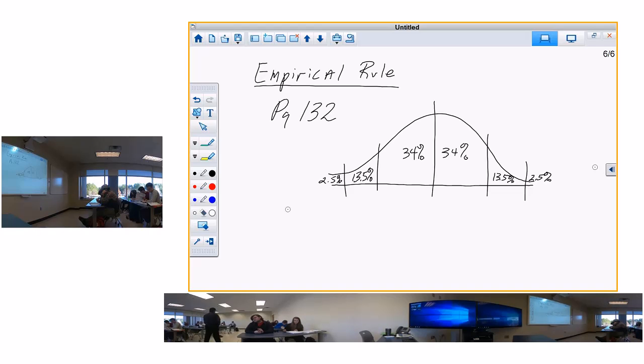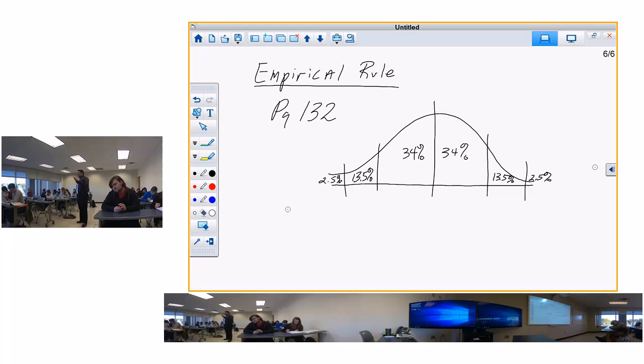Make sure you remember. Now, there is one thing I want to note. Some books put 2.5% past 2 standard deviations. Some books drop it down to 2.2 and then 0.3. So you need to make that note. What does yours do? I'm sorry, what? 2.35. Okay, 2.35 and then 0.15 or something?